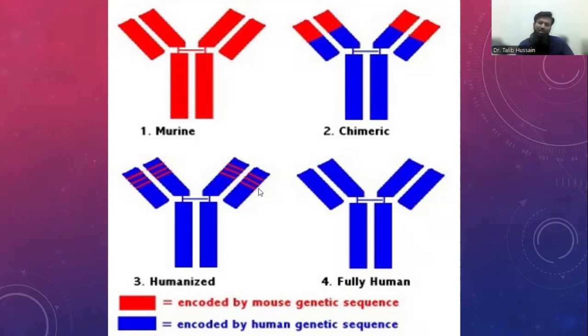And in a humanized MAB, we have replaced the variable region with humanized amino acids. So humanized amino acids can replace the majority of the variable region. Only the CDR region and some bases of low density can be used as a base attachment to the CDRs.